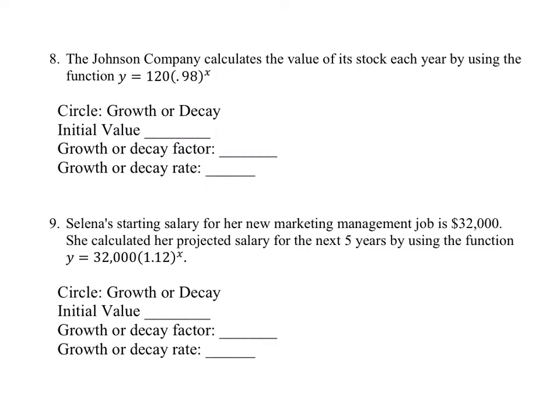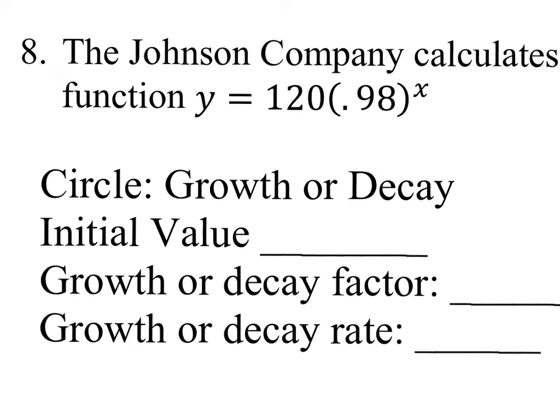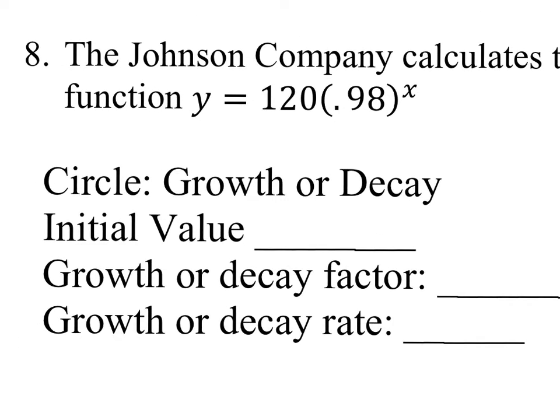Looking at the Johnson Company, they calculate the value of its stock each year by using the function y equals 120 times 0.98 to the x power. Let's look at this. If I'm looking at y equals 120 times 0.98, is it growth or decay? Well, 0.98 is between 1 and 0, just barely, but it is decay.